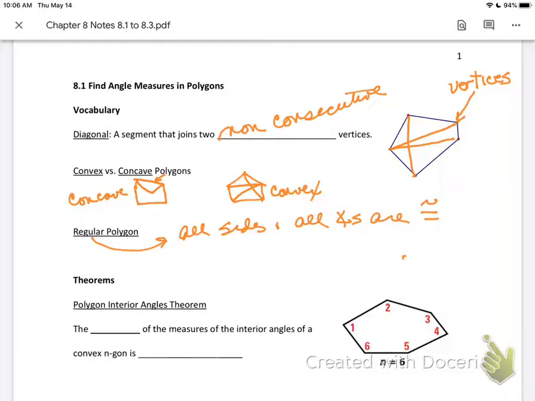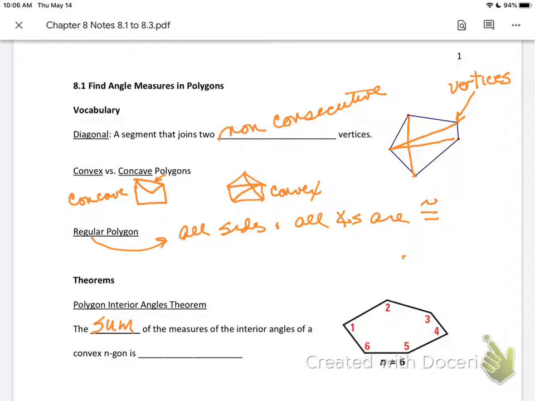Okay, moving down to the theorem piece. So here's the theorem, the first theorem we're going to talk about, and we're going to use this over and over again. So polygon interior angles theorem. So interior angles are these angles that are numbered 1 through 6. Those are all inside the polygon, and therefore they are interior angles. Okay, if you were to add all of them up, they have a pattern.